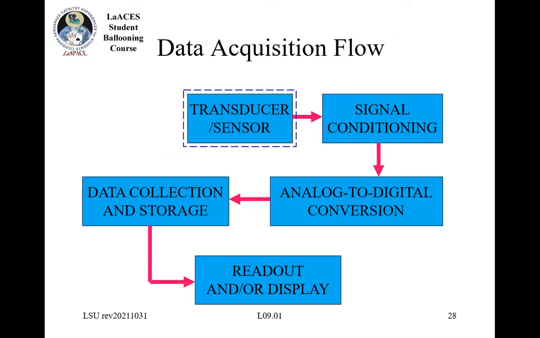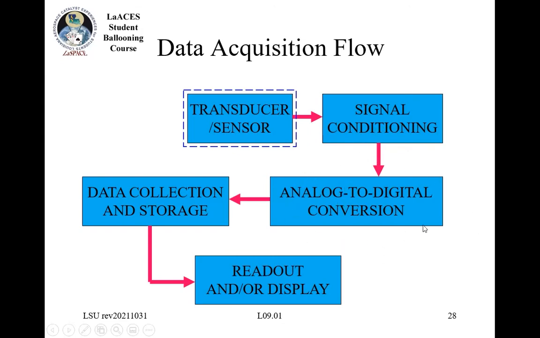To summarize the basic flow of how you acquire data: you start with your sensor, and it outputs some sort of electrical signal. We then send it through signal conditioning circuitry that is going to match the span. It's going to remove noise and make that signal into the form that we want.